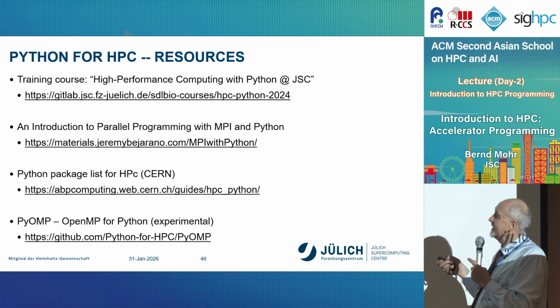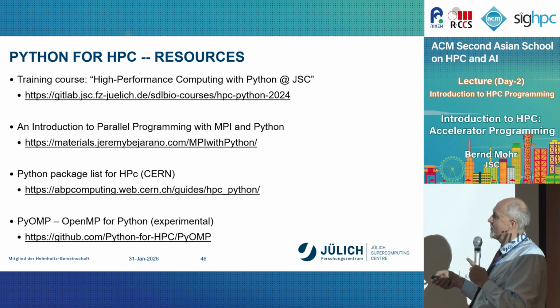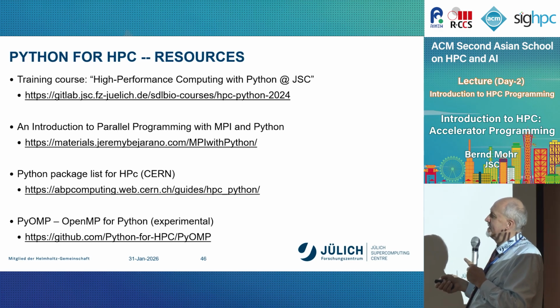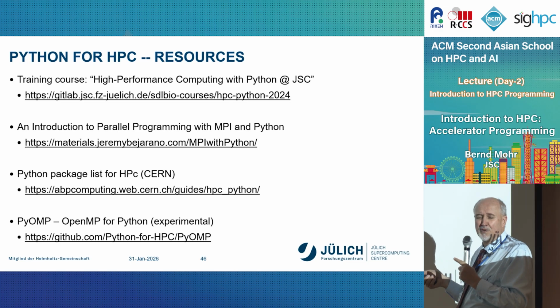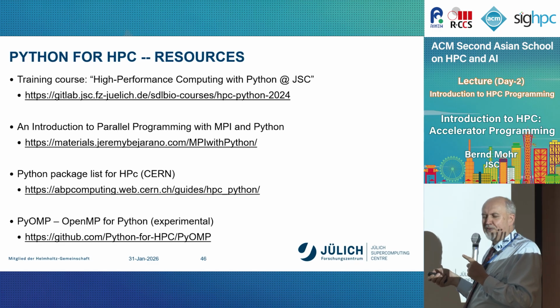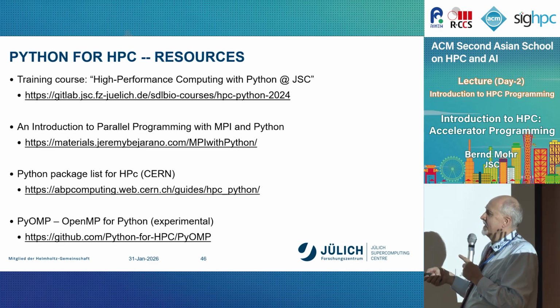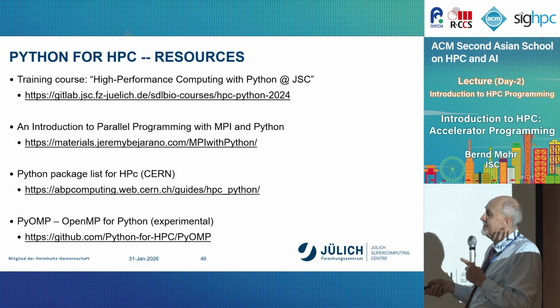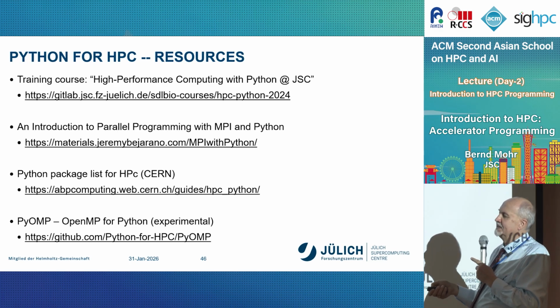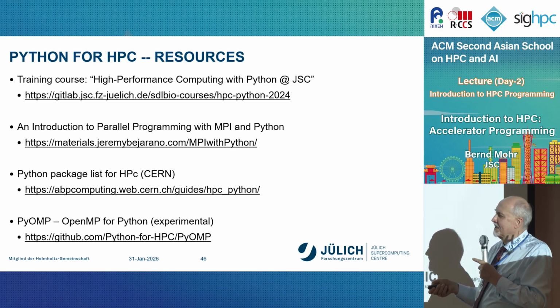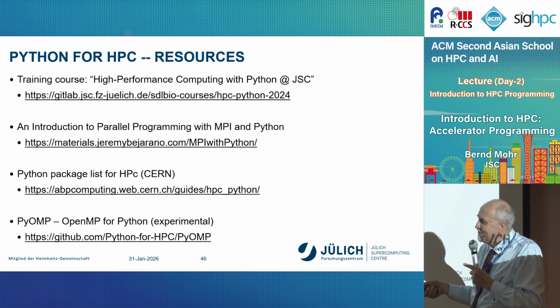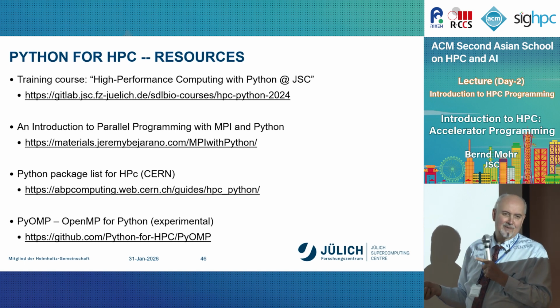Here CERN is maintaining a list of packages which might be useful for doing Python with HPC, so it doesn't just show things for NumPy and Numba, but has other things. And then there's an experimental version which allows you to use OpenMP for Python code, and you find it here.